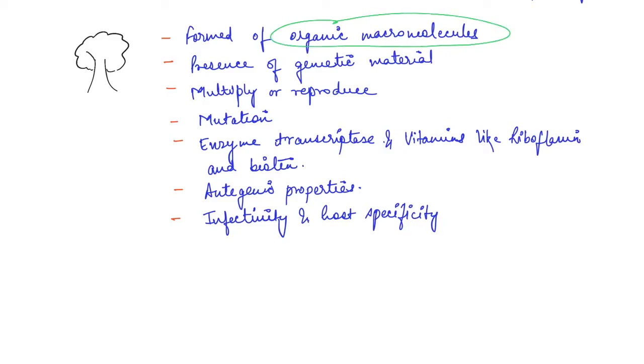Okay, so this organic macromolecule formation occurs only in living beings. Okay, then they have presence of genetic material, which again is similar to a living organism.